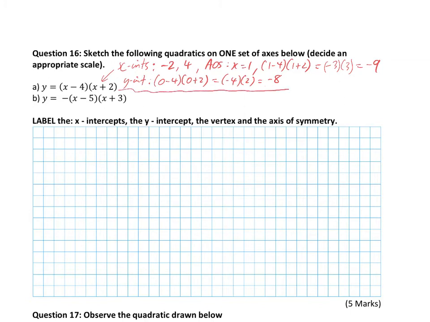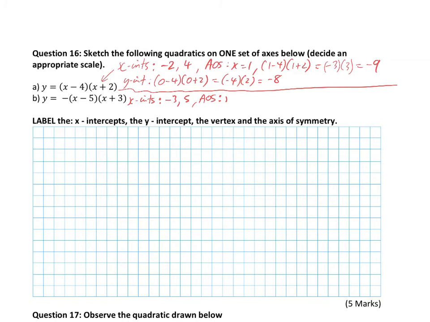Let's draw a little wavy line here and do the second one. The x-intercepts are going to be at negative 3 and 5. Axis of symmetry is going to be halfway between those, so that's a distance of 8 between negative 3 and 5, so it's going to be plus 4 from that.